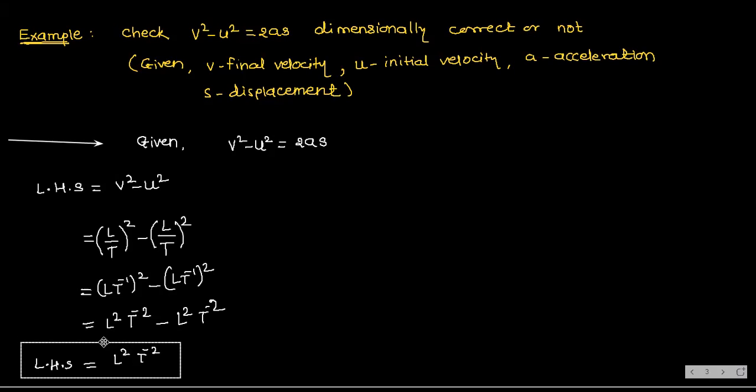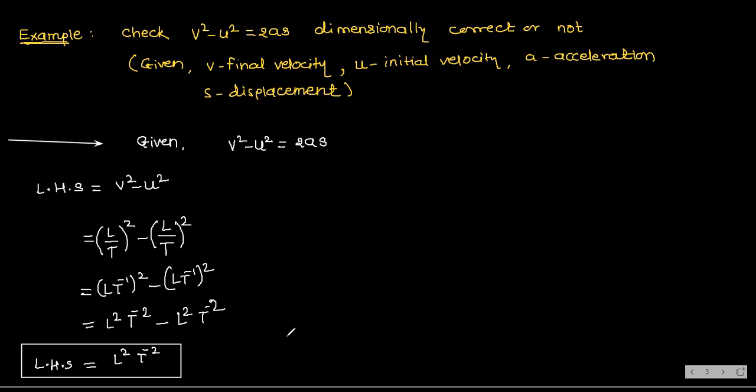Don't cancel this like your mathematics, x minus x is equal to 0. This is dimensions. Velocity minus velocity gives the dimensions of velocity only. If you are subtracting or even adding velocity dimensions or velocity square dimensions, you will get those dimensions only. It is possible only in case of division that you can cancel it. Keep it in mind.